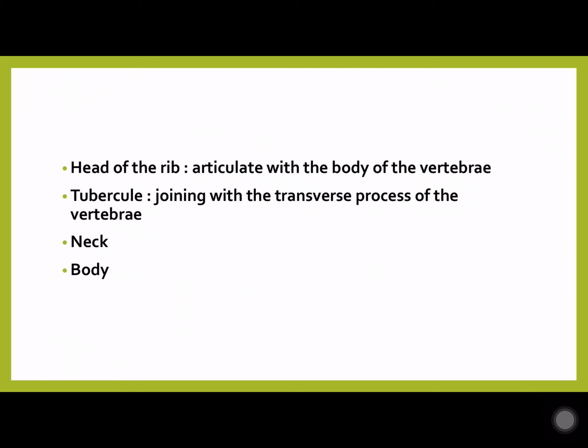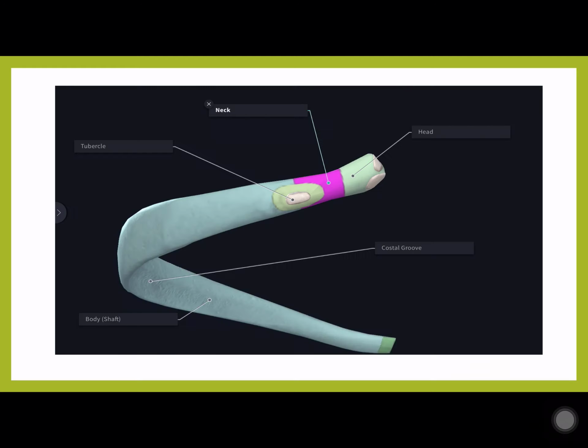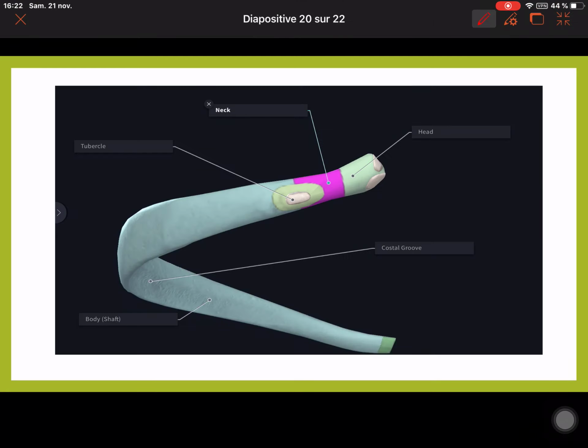Okay, let's see what I wrote here. The head of the rib articulates with the body of the vertebra, the tubercle joins with the transverse process of the vertebra, the neck, and the body or the shaft. This is another diagram showing the components of a rib.